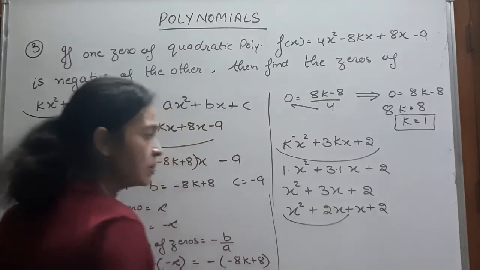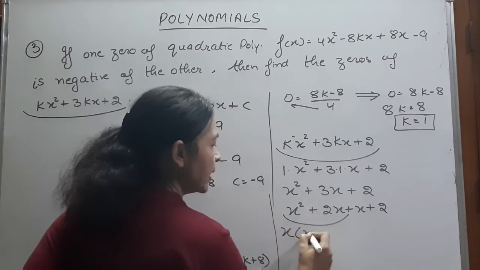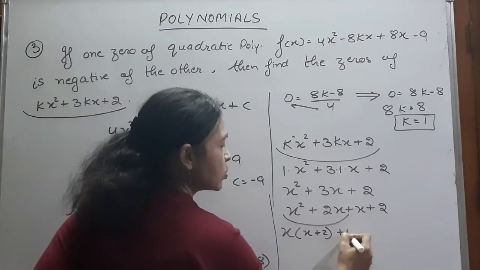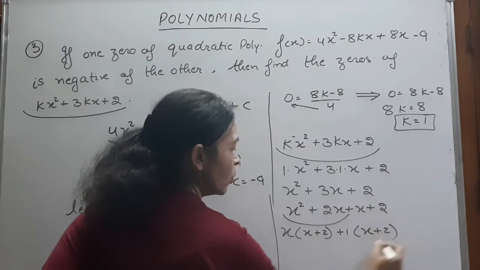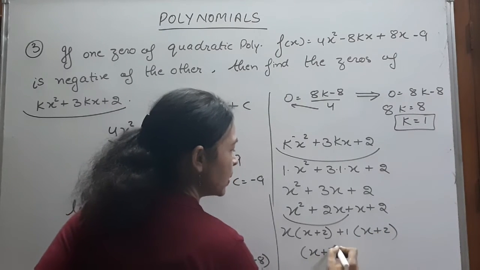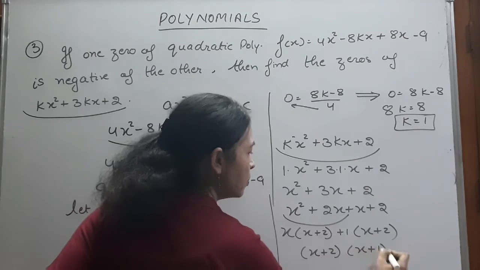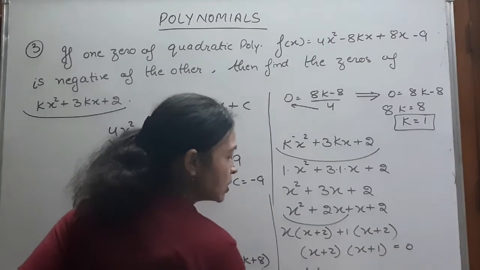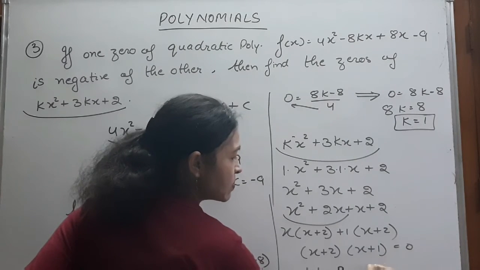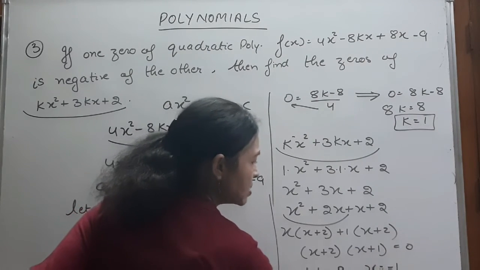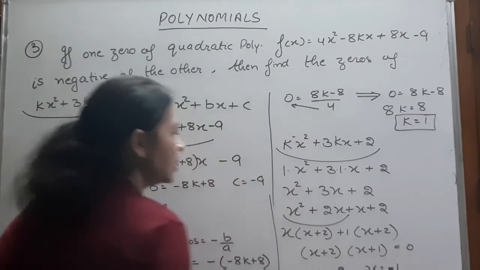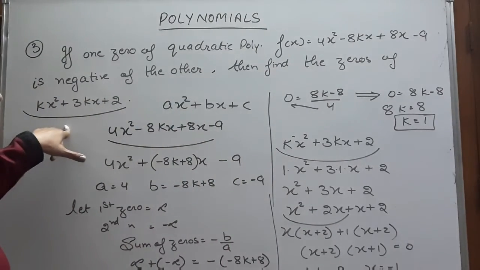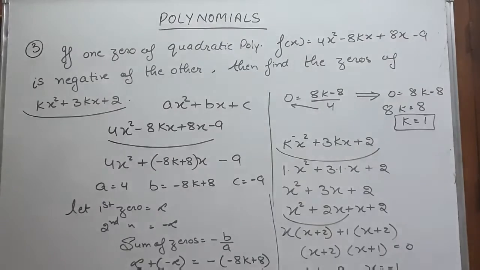Taking these two terms, x is common, x plus 2. In these, 1 is common, x plus 2. We have two factors, x plus 2 and x plus 1. Putting them as 0: x plus 2 equals to 0, x equals to minus 2. And x plus 1 equals to 0, x equals to minus 1. Therefore, the two zeros of the second polynomial are minus 2 and minus 1.